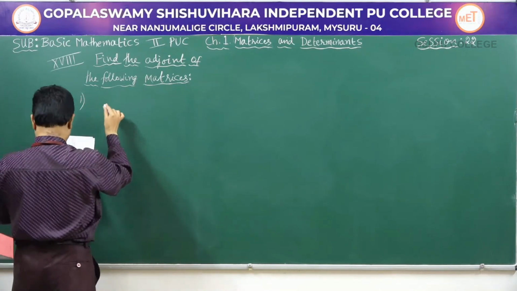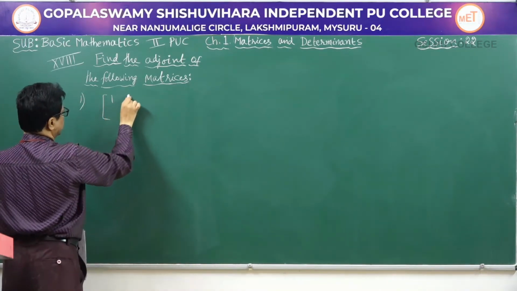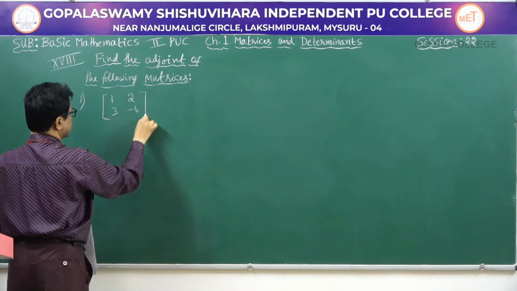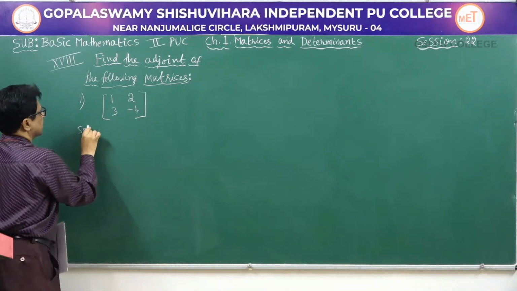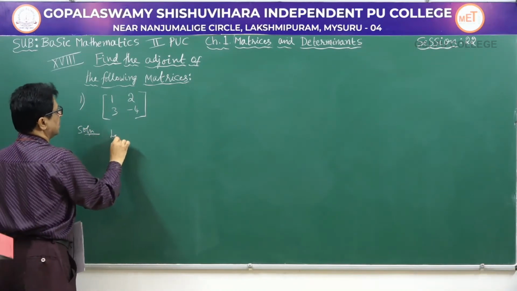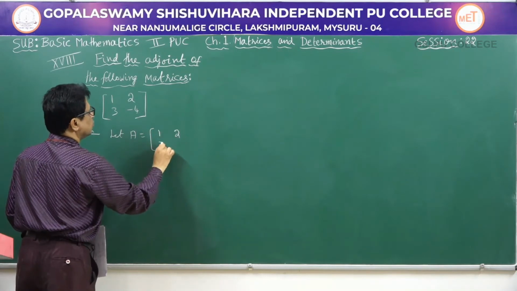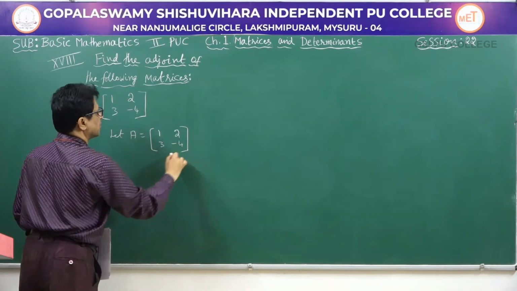First problem: 1, 2, 3, minus 4. Solution. Let A equals 1, 2, 3, minus 4.